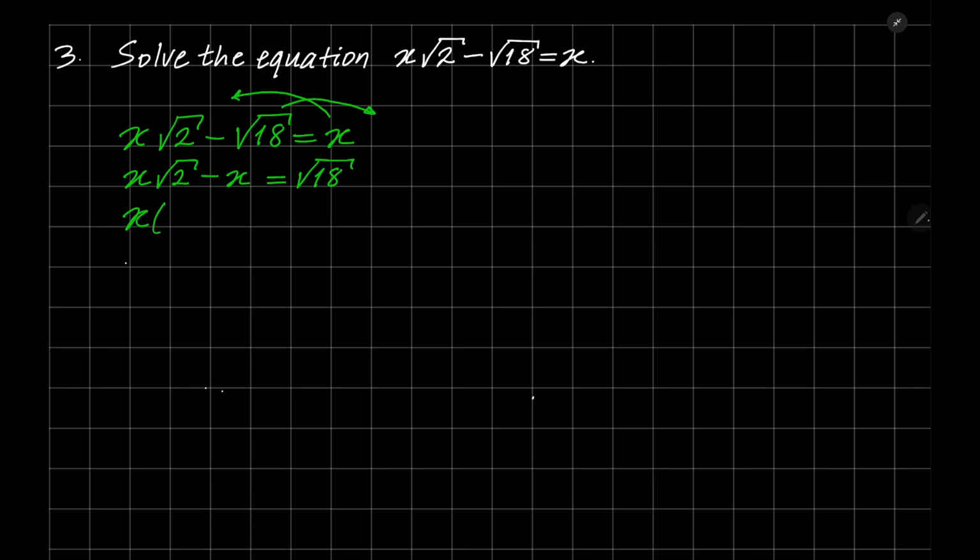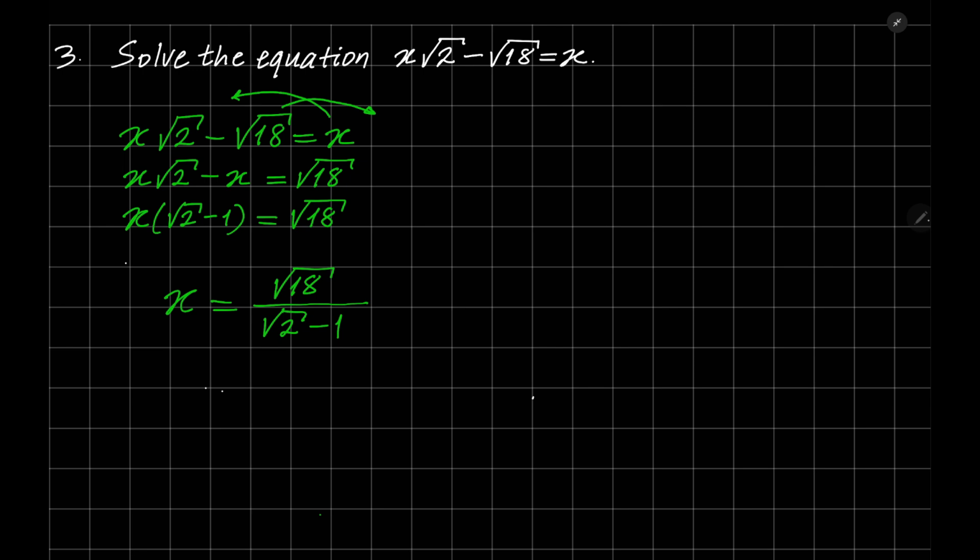Then x times square root of 2 minus 1 is equal to root 18. That means x is equal to root 18 divided by square root of 2 minus 1.